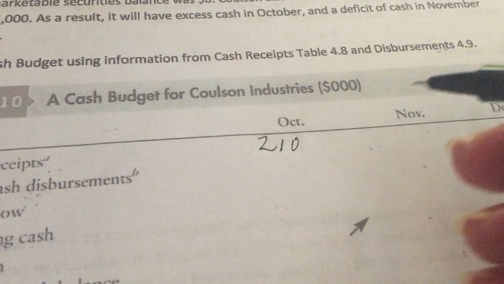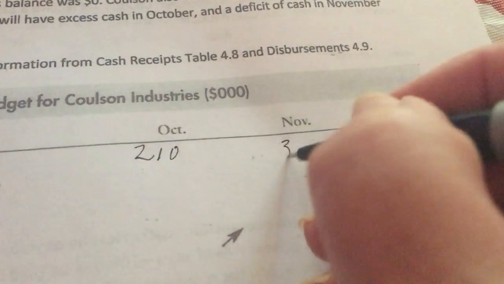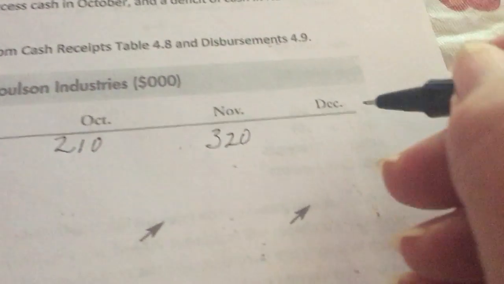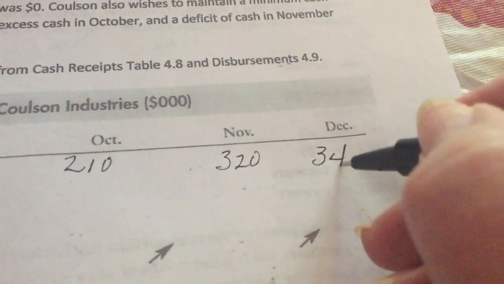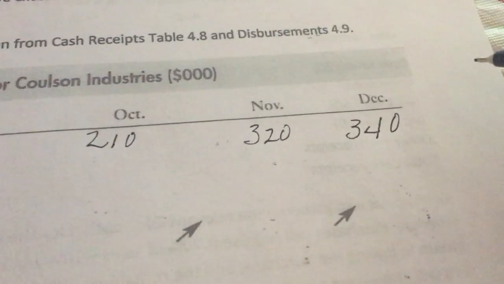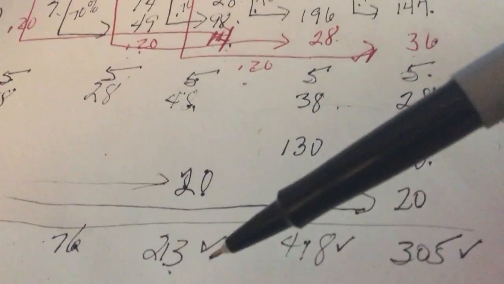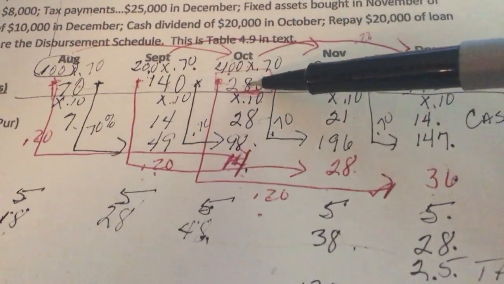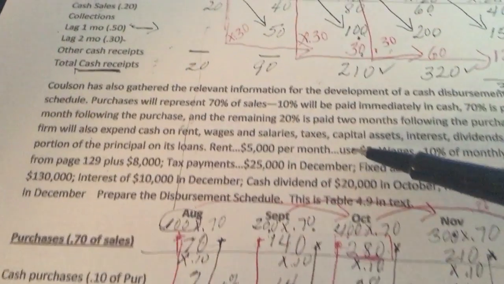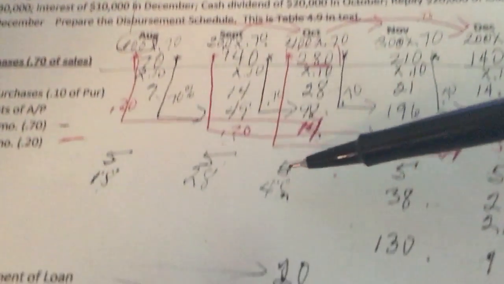210, 320, and remember we truncated it, so it should have 3 zeros behind it, and 340. Now go back to the second part that we did on Monday or Tuesday, whenever we did this, and you want to go to October. This is the second part of Colson Industries that started with purchases.